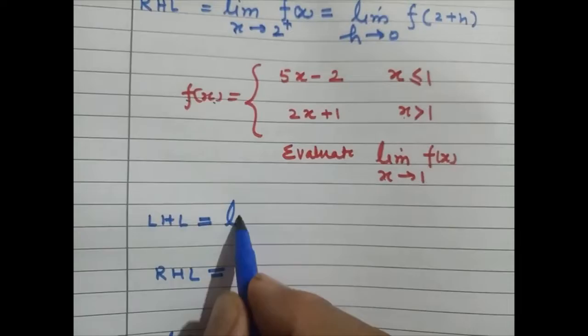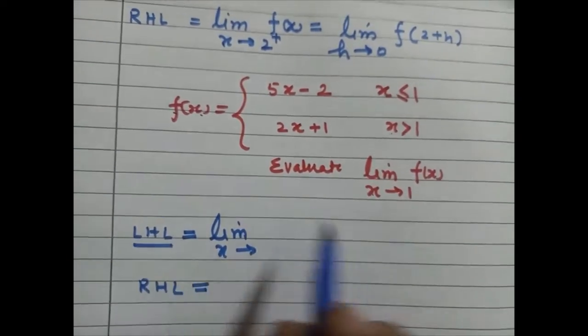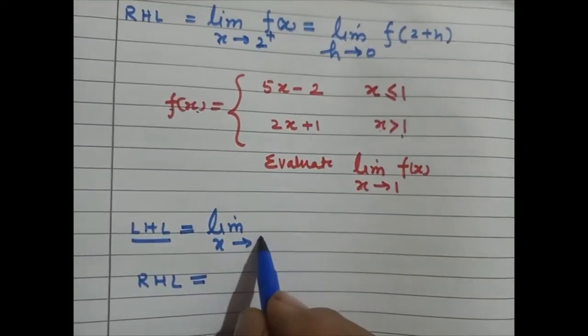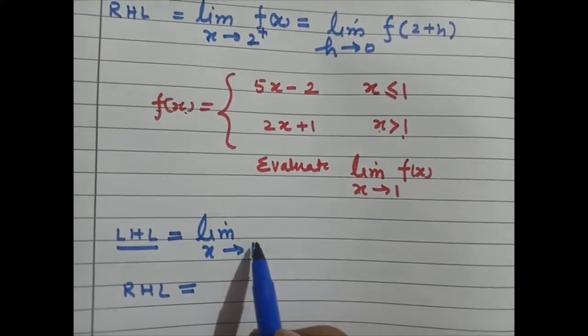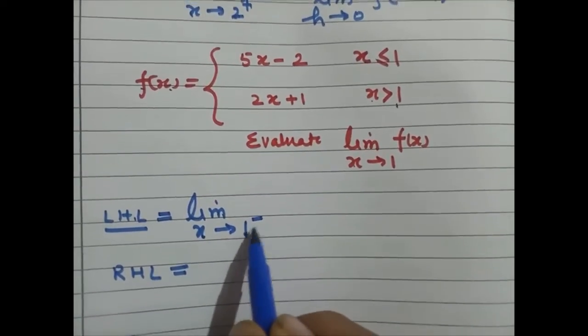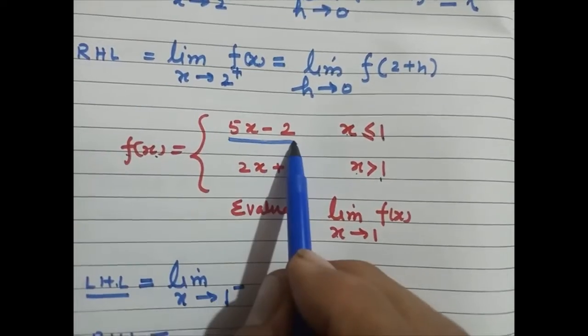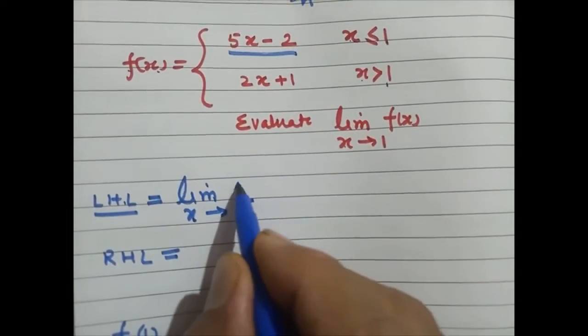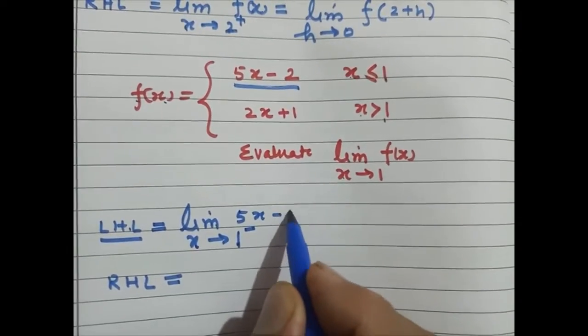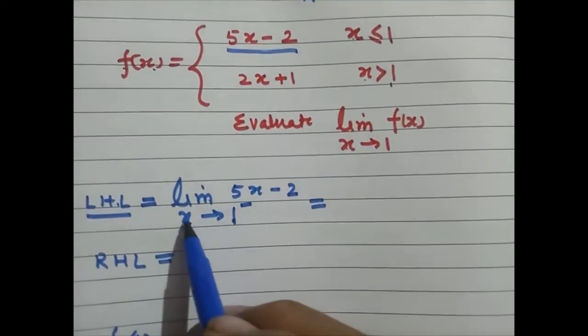So what is the answer of the left hand limit? Limit x tends to, we are finding it at 1. For the left hand limit it is 1 minus. It stands for x less than 1. Now see the function for less than 1. The function is 5x minus 2. Now change the limit. What value of x will we suppose?